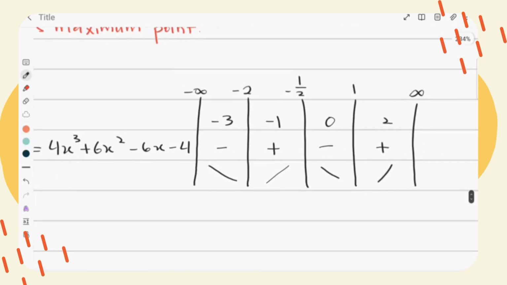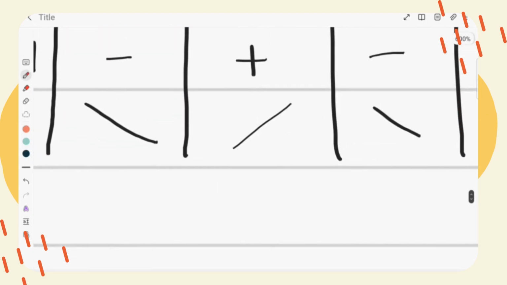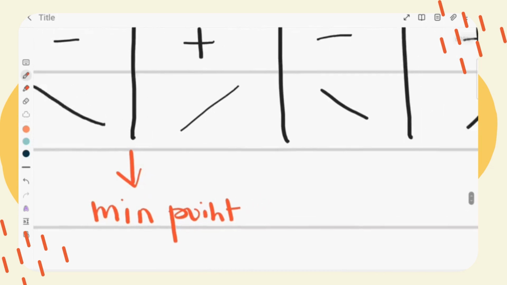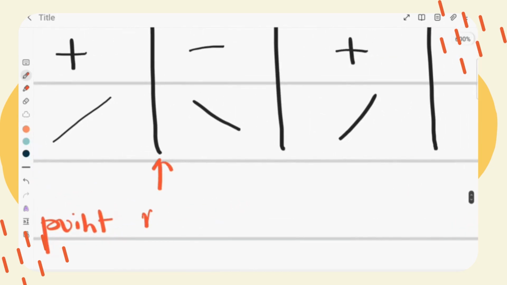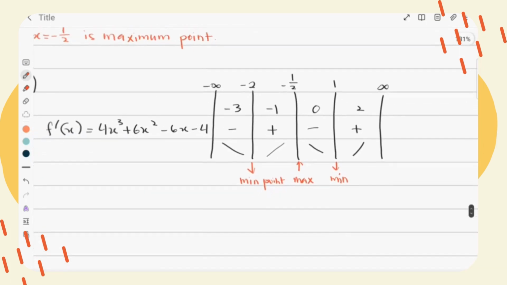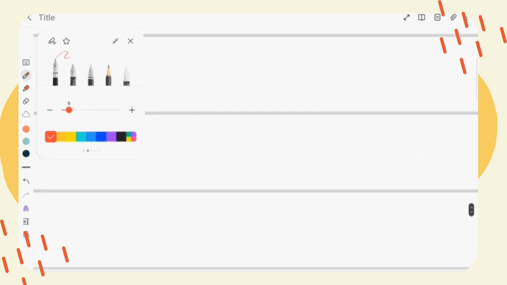So from this table, we know that this is a minimum point, and then this is a max point, and this is a minimum point. But the question wants to find the interval of the function.